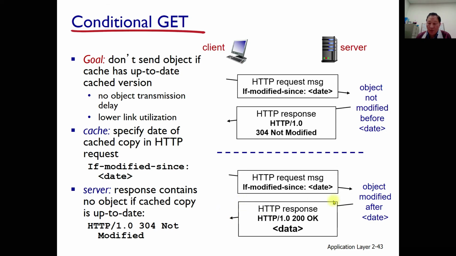Because it has been modified, the client's object is obsolete and the old one, so the new one should be provided. Thus the HTTP response, HTTP 1.0, that is the version number, 200, that is successful, OK, and the data will follow.